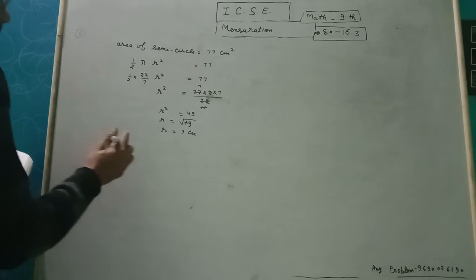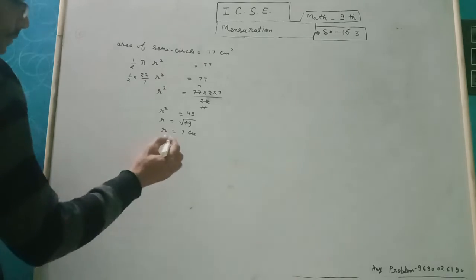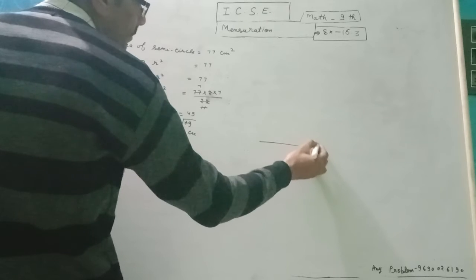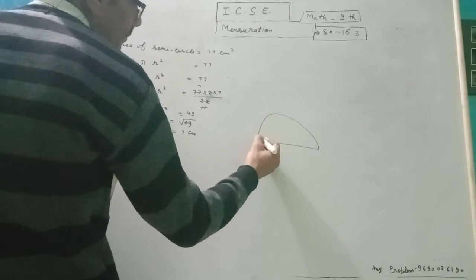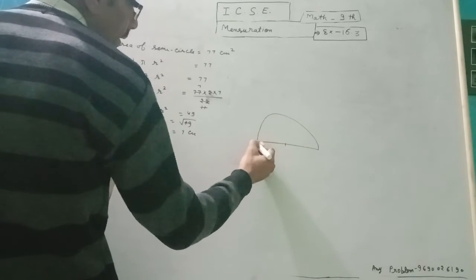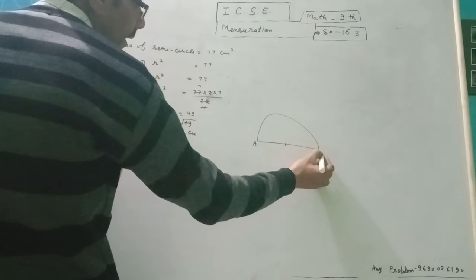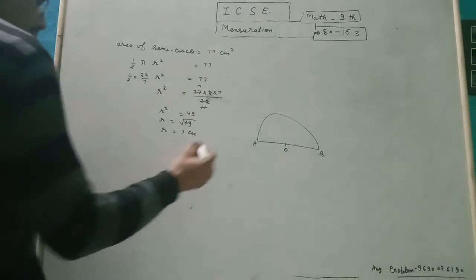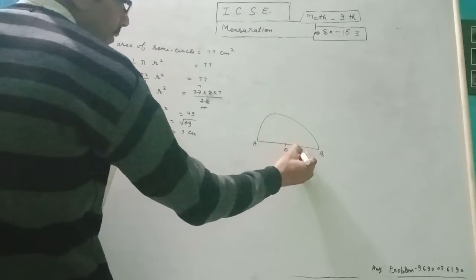We find its perimeter, that is semicircle. AB is diameter, OA and OB are radius, which is 7 cm.